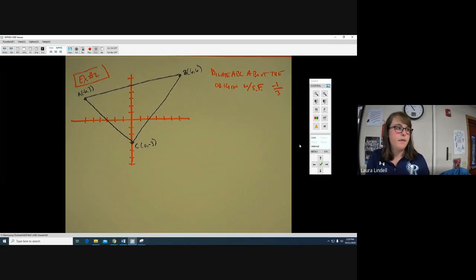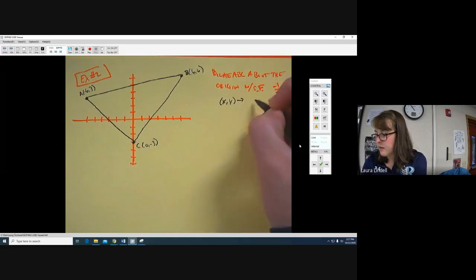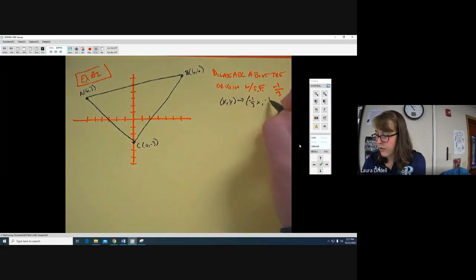Okay. So the process for this is going to remain the same as the last one. So don't let the fraction freak you out. The alternate instructions to this might look something like this. X comma y to negative 1/3 x, negative 1/3 y.